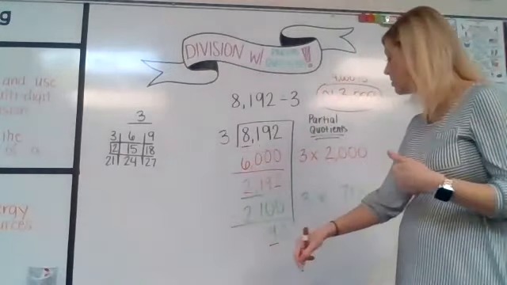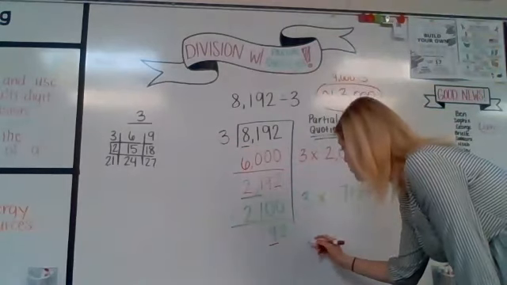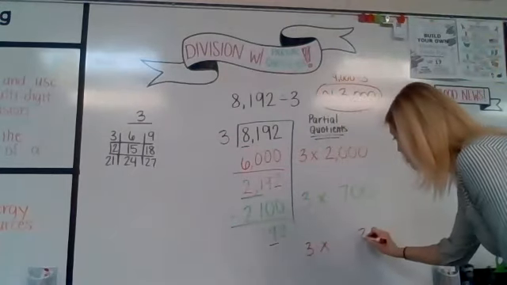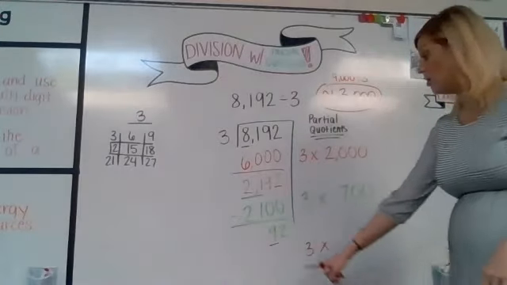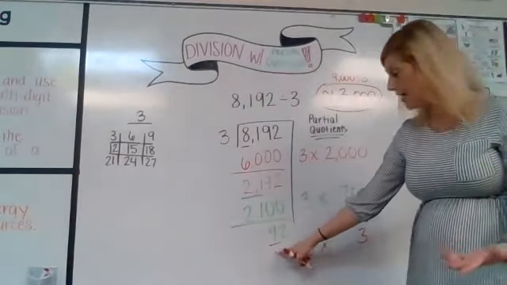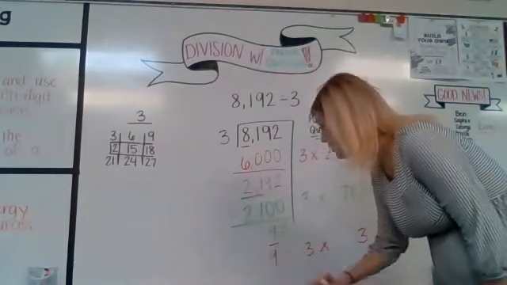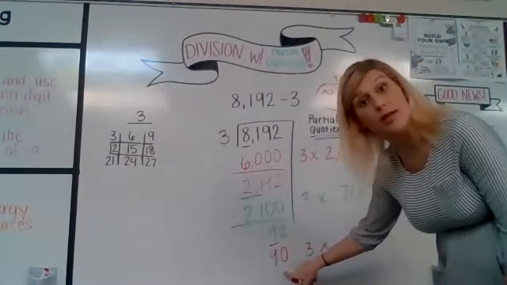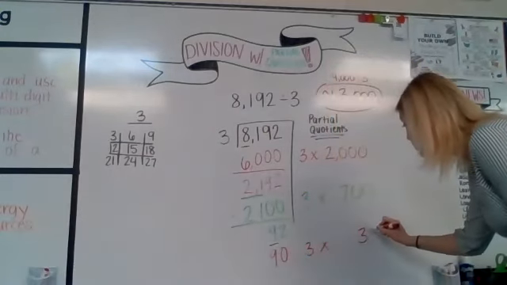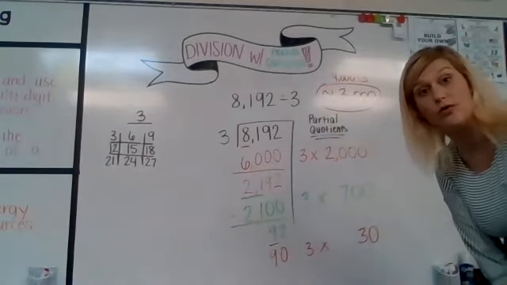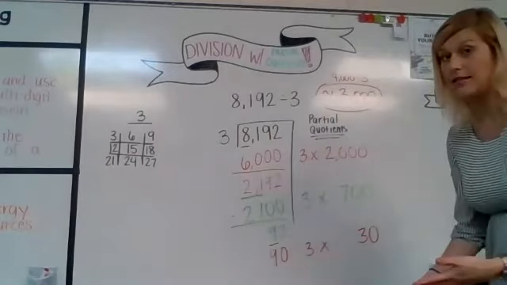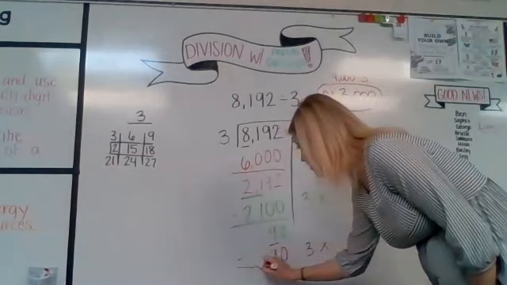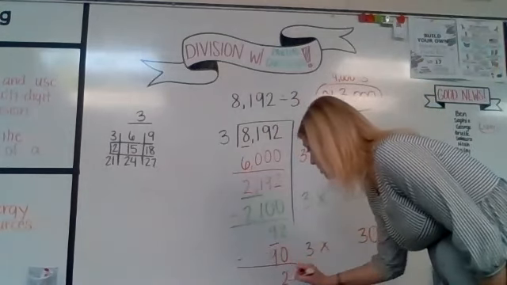We know our 3 multiples. So we know that we can do 3 times 3 to get to 9 right here. But again, this 9 is not in the ones place, it is in the tens place. We need our 1 0 place value holder here. So we're going to put 1 0 place value holder over on the other side as well. Balance out the zeros. And then we are going to subtract to get 2.